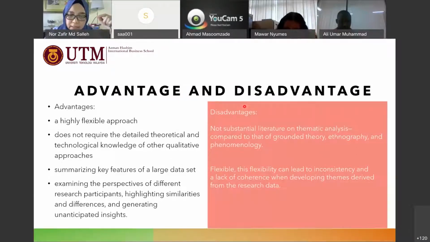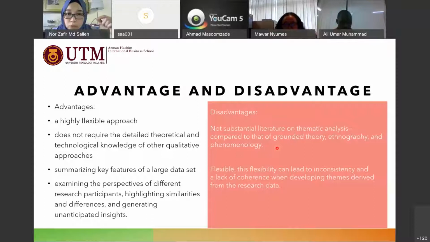Disadvantages of thematic analysis include that there is a limited amount of literature on it compared to grounded theory, ethnography, and phenomenology, because detailed steps for thematic analysis were only introduced by Braun and Clarke in 2006.